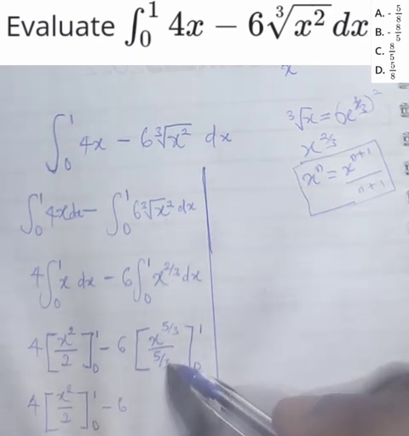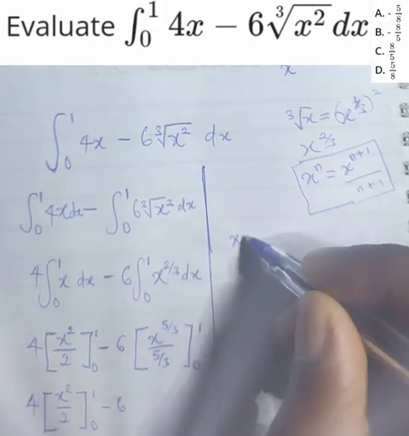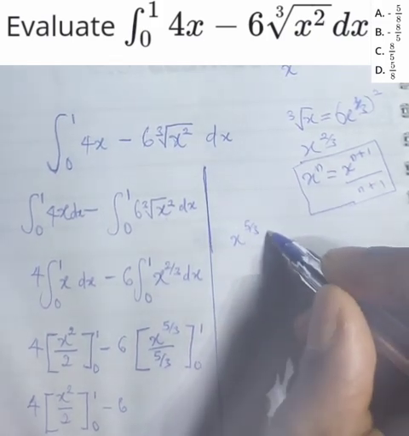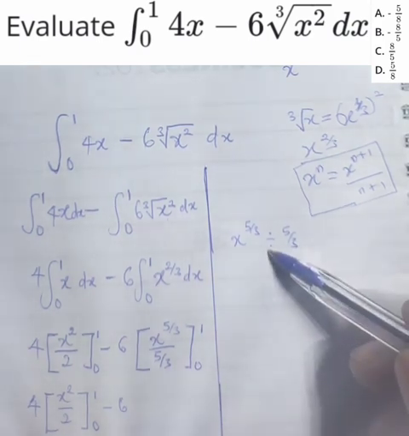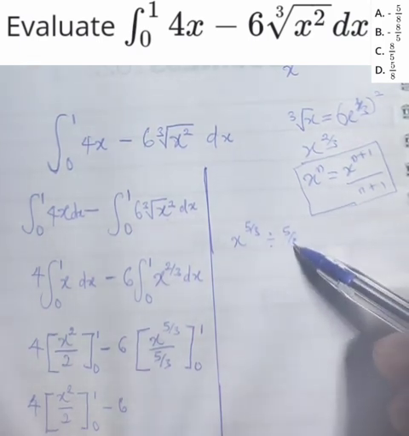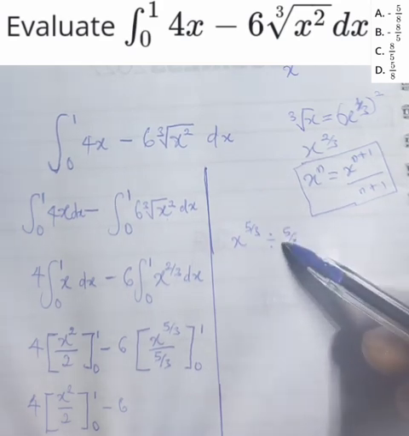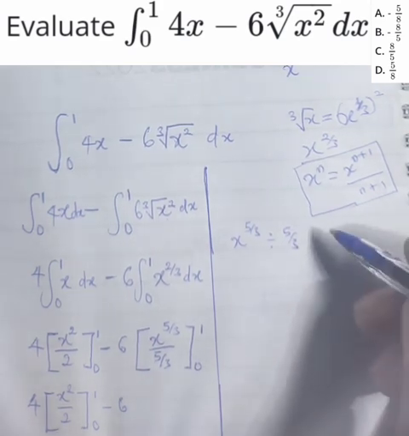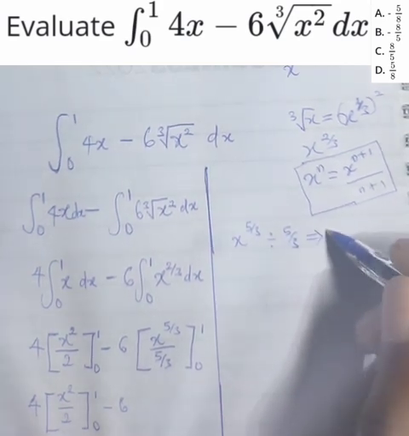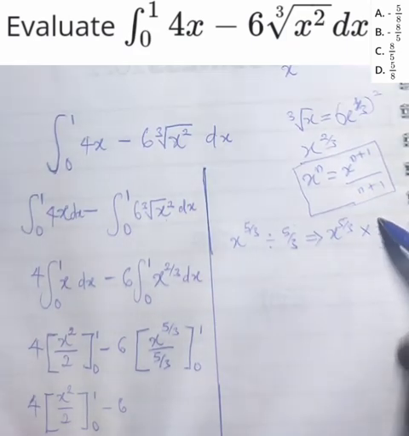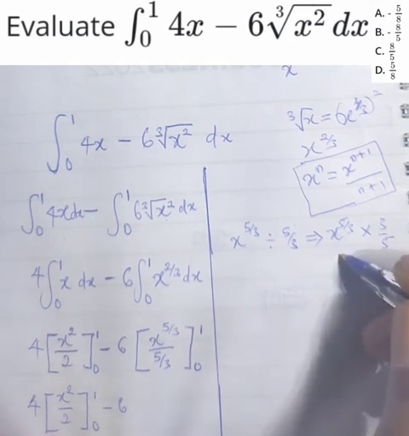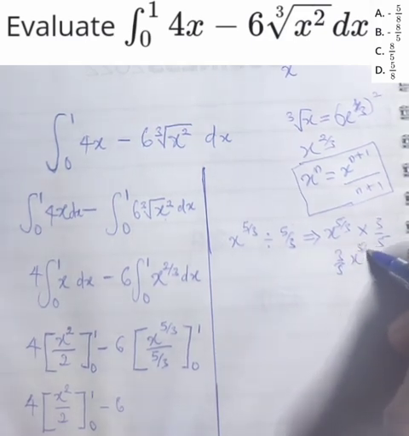Now, what we have here is the same thing as x raised to the power 5 over 3 divided by 5 over 3. So if I want to change the division sign to the multiplication sign, the denominator becomes the numerator, while the numerator becomes the denominator. So this is the same thing as x raised to the power 5 over 3 times 3 over 5. We have 3 over 5 out as a constant now. So we're having 3 over 5 times x raised to the power 5 over 3.